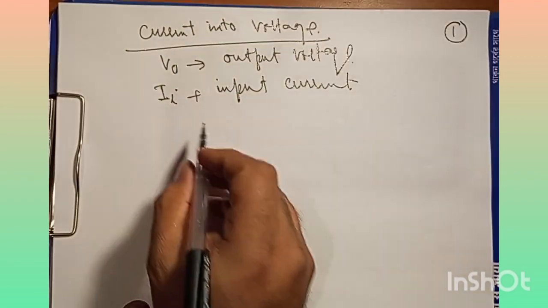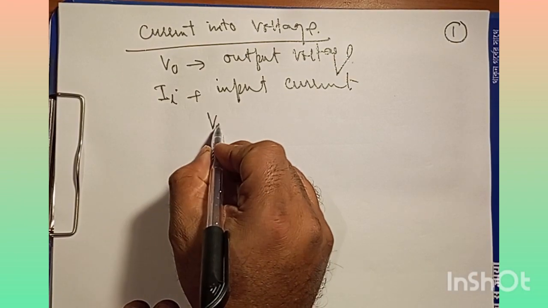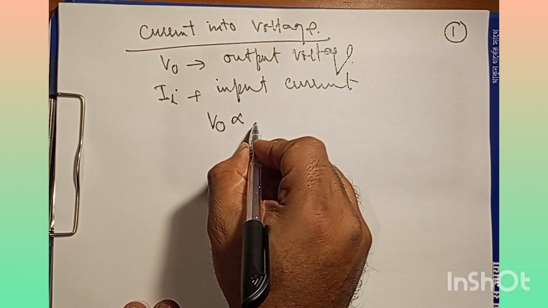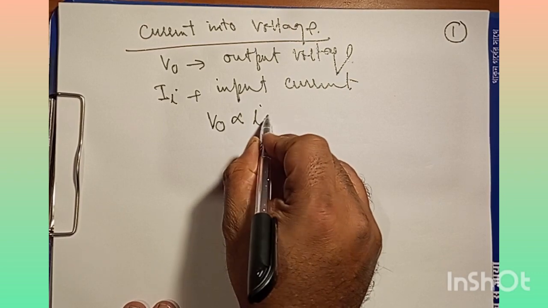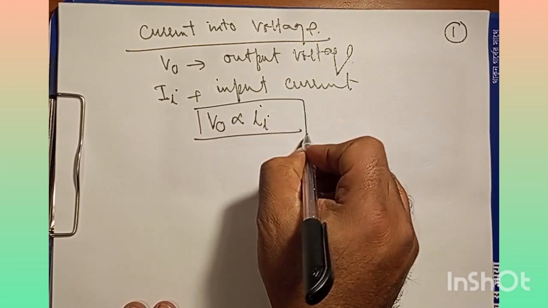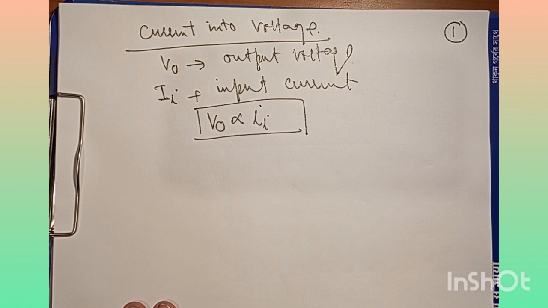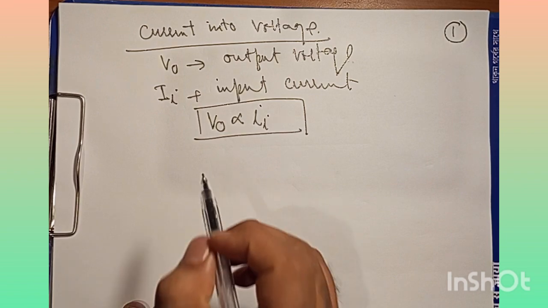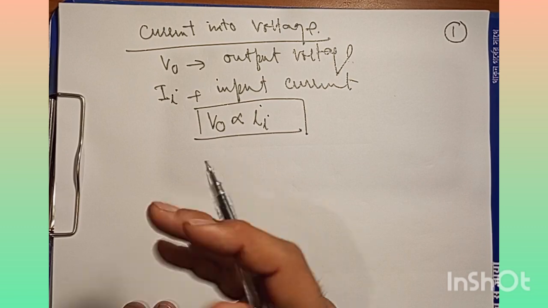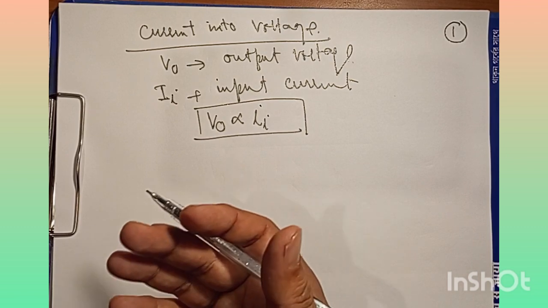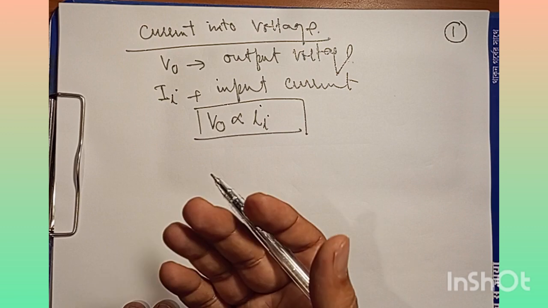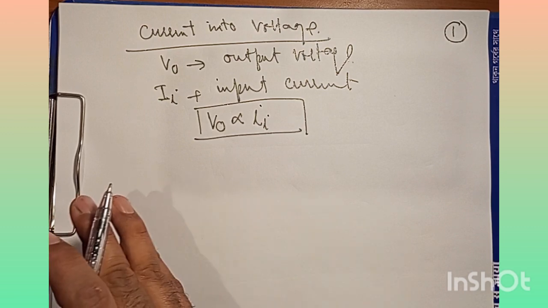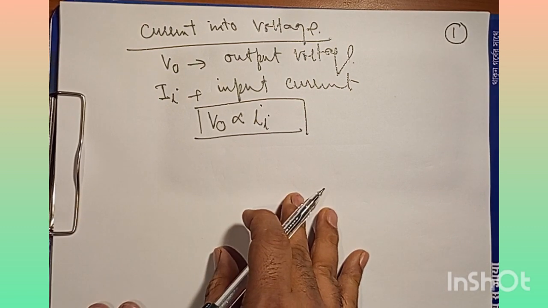Now, if we are able to find that this output voltage is directly proportional to the input current, then we call it a converter from current into voltage, right? So there is a reference circuit that can be used for the conversion of input current into the output voltage.